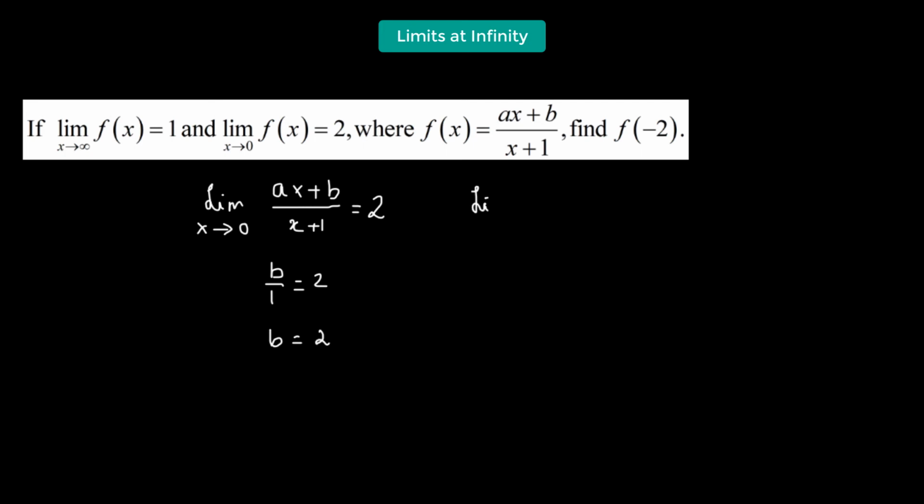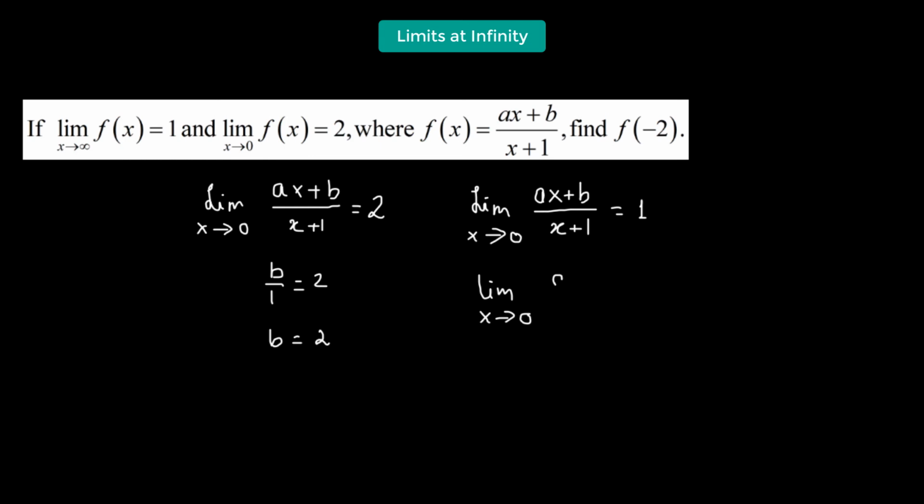Then we have that when x approaches infinity, then the function (ax plus b) over (x plus 1) has a limiting value of 1. So we do a little bit of manipulation here. We're going to divide both numerator and denominator by x, which is the highest power of x.